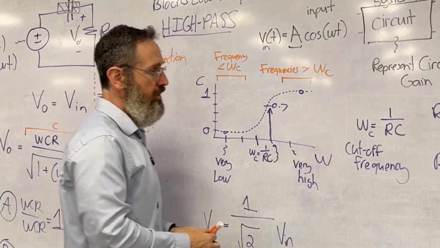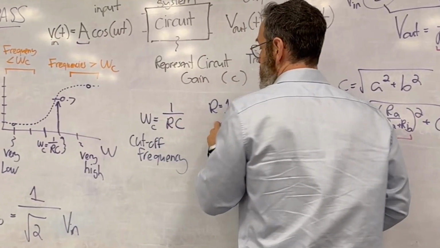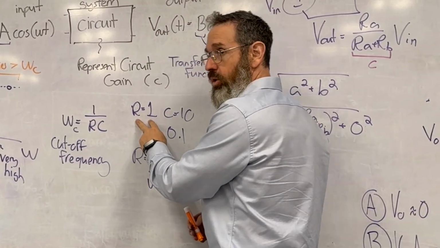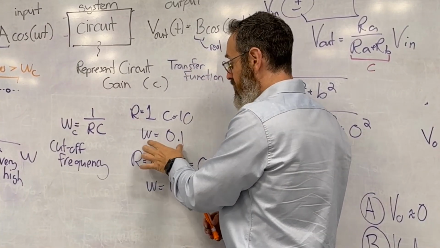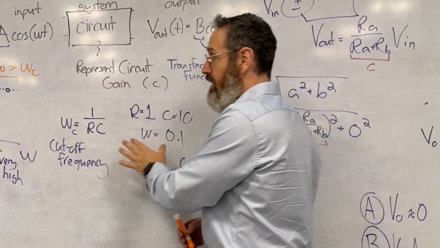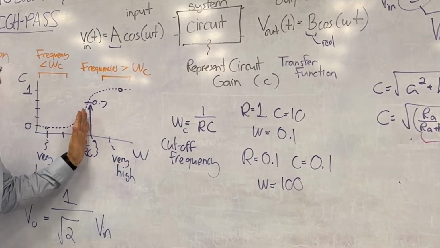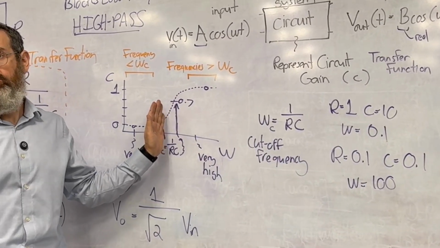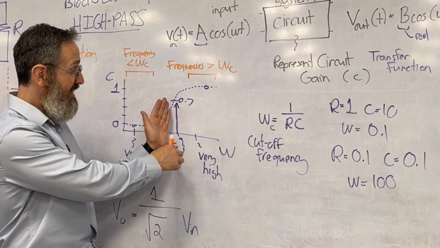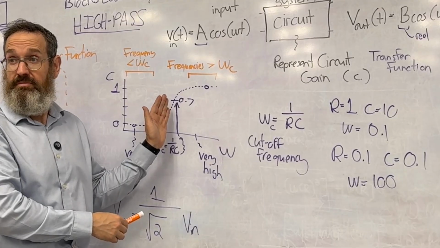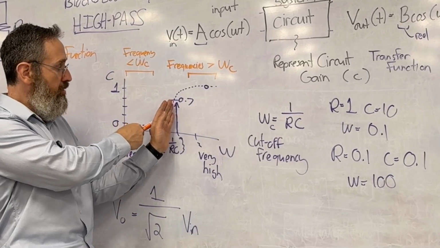So for example, in this case, if I'd built a circuit with a resistance of 1 ohm and a capacitance of 10 farads, the cutoff would have been 0.1. That means this value is 0.1. And now I can tell you what big and small is. In this case, 10 is big and 0.01 is small.